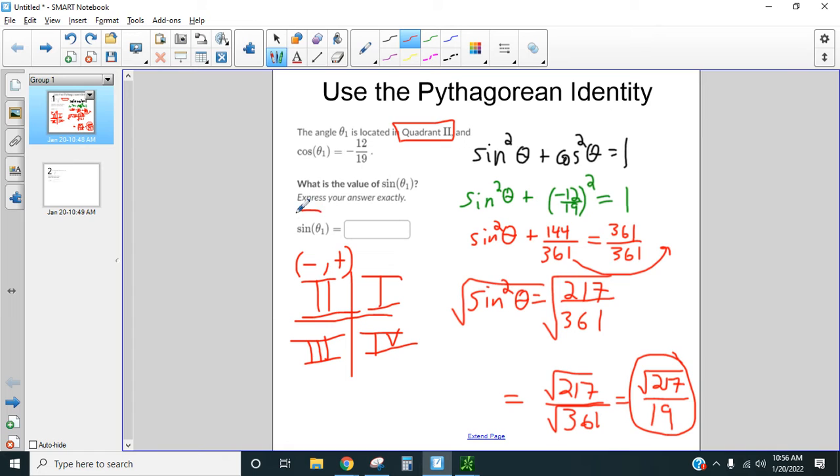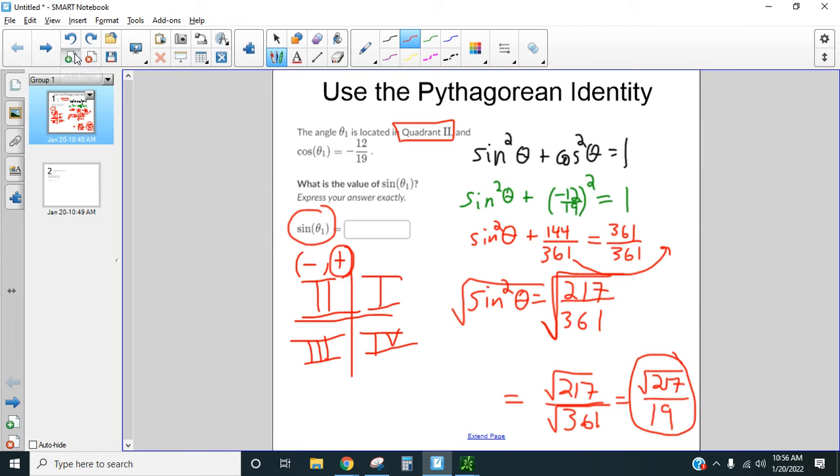Now, they're asking about the sine. Is the sine the x or the y? The y. So our answer is, here's why we have to determine. Because when you take the square root of a number, there are actually how many possibilities? You take the square root of a number, there are 2 possibilities.